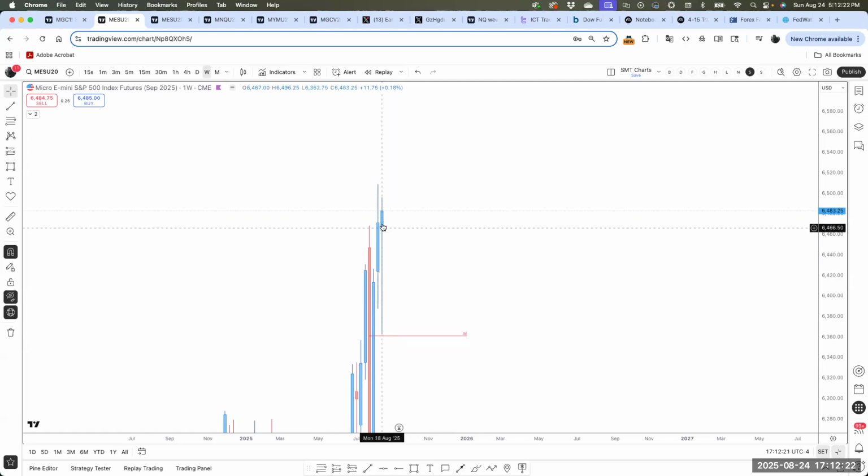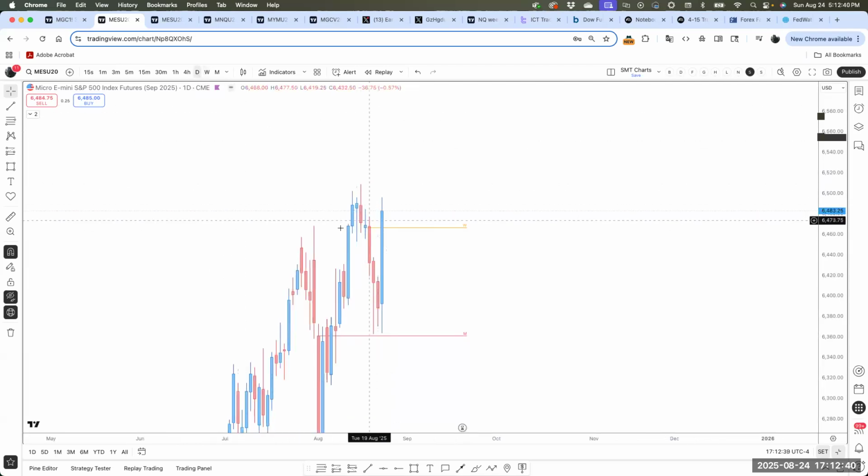So this week, if we open up, the worst case scenario I'm going to be looking for is us coming down into this body right here, maybe into this gap right here on ES. But you can see on the daily that still puts us at an order block, and also another order block right here.